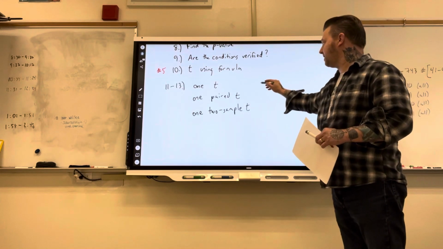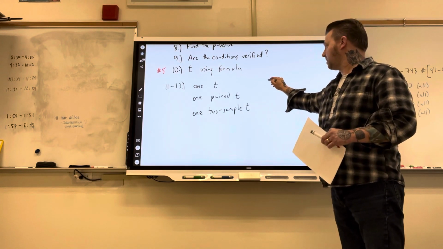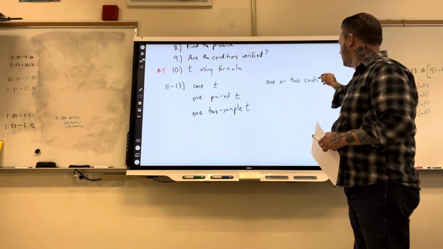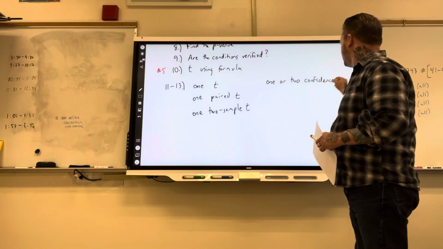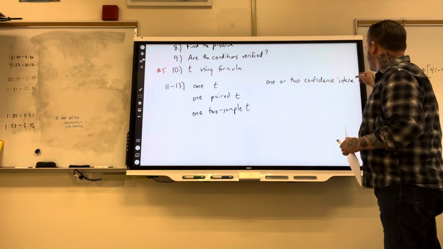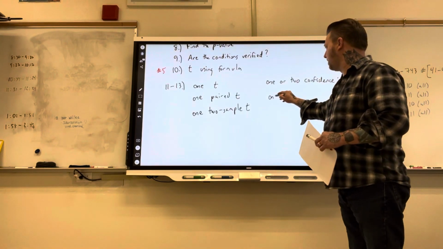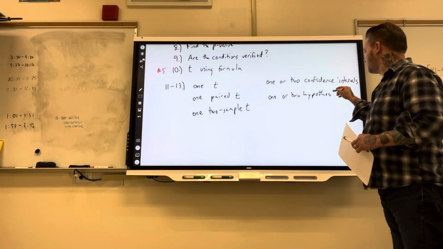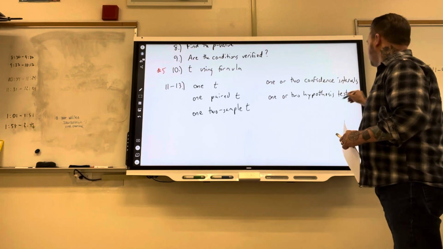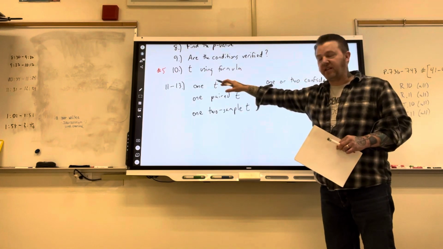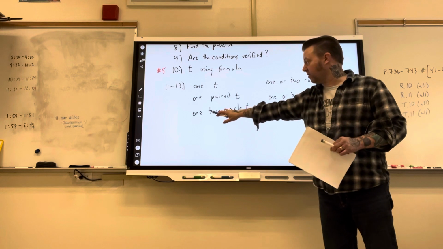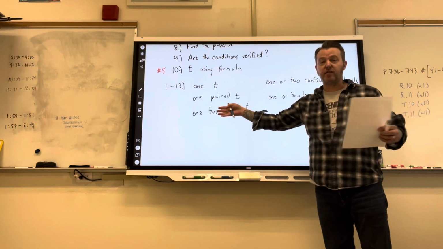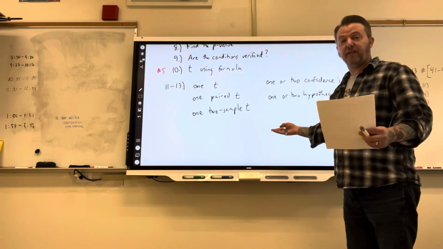You will have one or two confidence intervals. You'll have one or two hypothesis tests. There will be a 1 sample T, one paired T, and there will be one two-sample T. All right, so you'll have 3 inference problems for a total of 48 points out of 50.